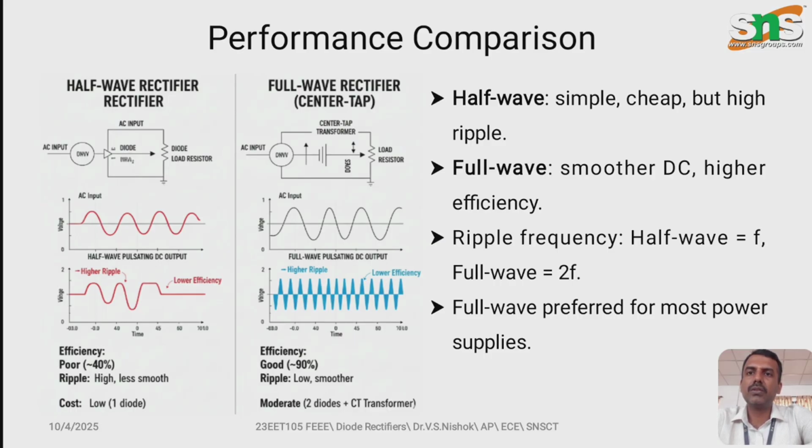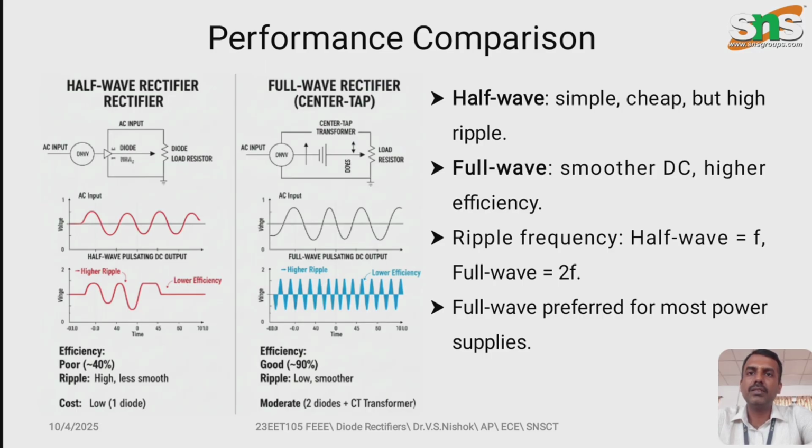The ripple frequency is the term which measures the amount of AC signal available in the DC after conversion from AC.